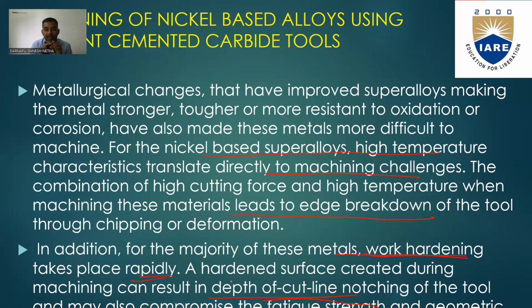And nickel has work hardening that takes place rapidly. Whenever the hardened surfaces are machined, definitely the depth of cut line notching of the tool occurs, and also fatigue strength is going to decrease.